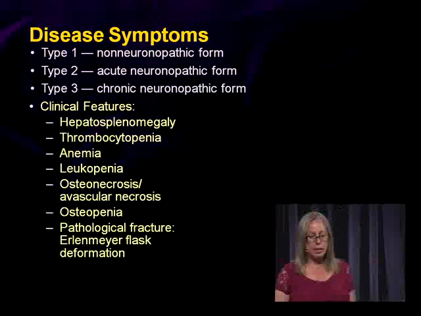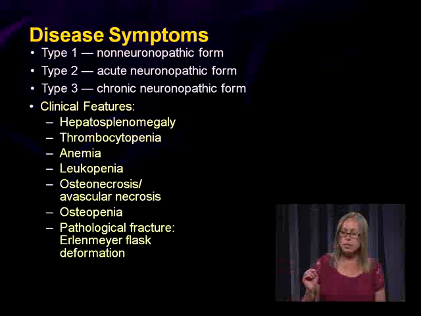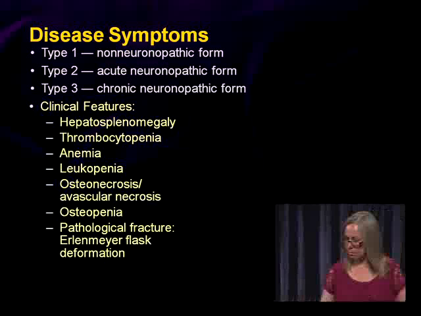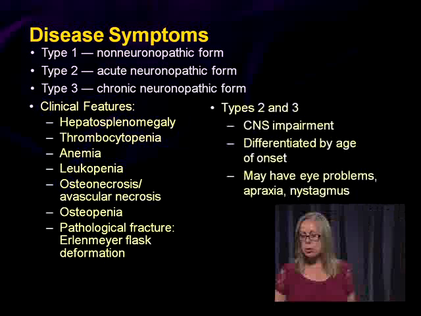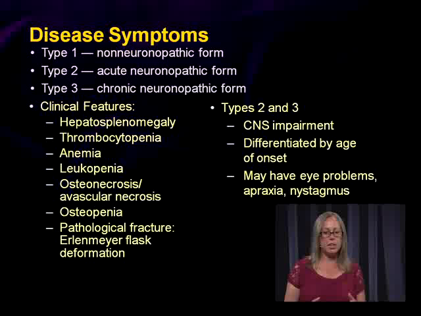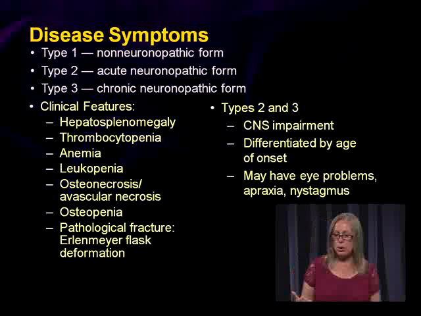You can get osteonecrosis and avascular necrosis, osteopenia, and their classic bone finding is an Erlenmeyer flask deformity. Types 2 and 3 have CNS impairment, and they're just differentiated by the age of onset, early versus late, and they may also have eye problems, apraxia, and nystagmus.